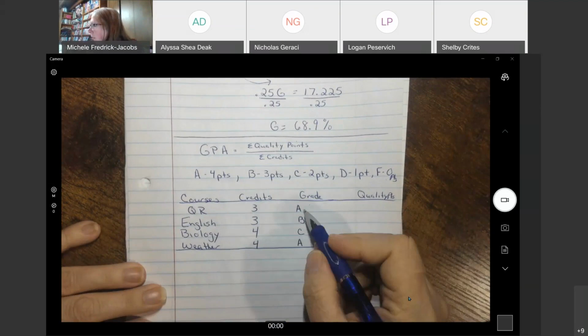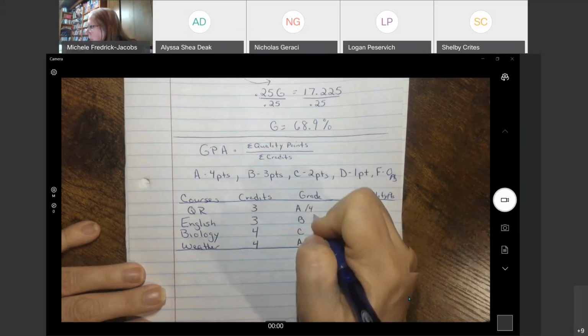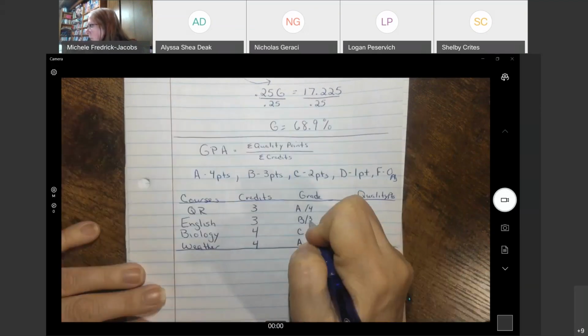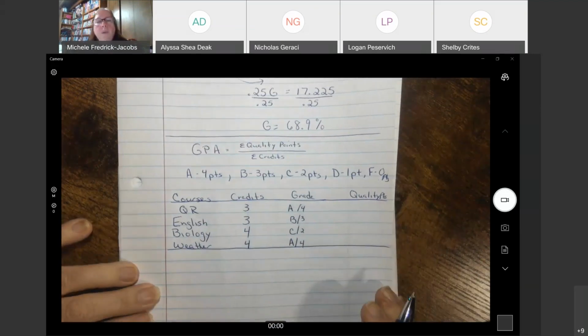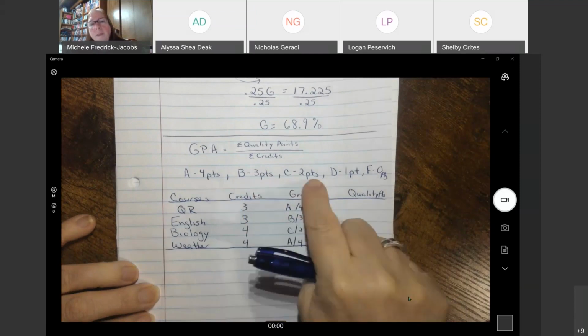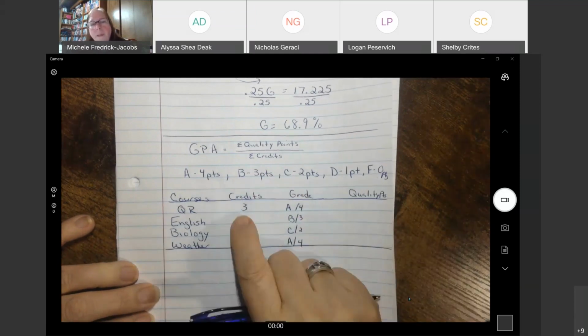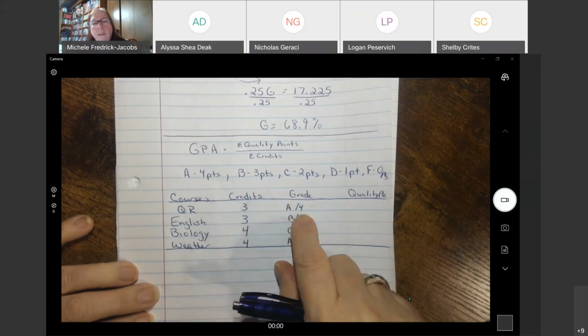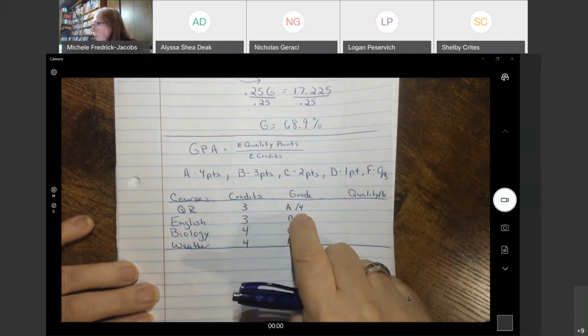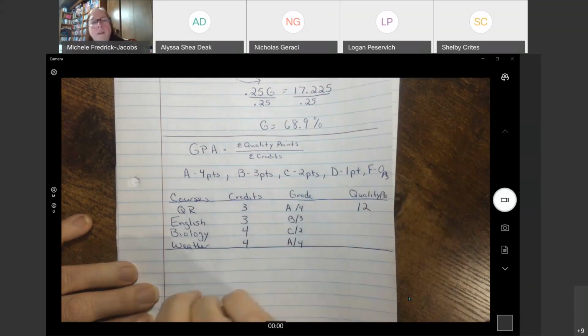Okay, so an A is worth 4 points, a B is 3, C is 2, and an A is 4. So I put what they're worth from here. That way then I can just multiply across. Because this 3 credit class is worth 4 points each. 3 times 4 gives me 12 quality points.